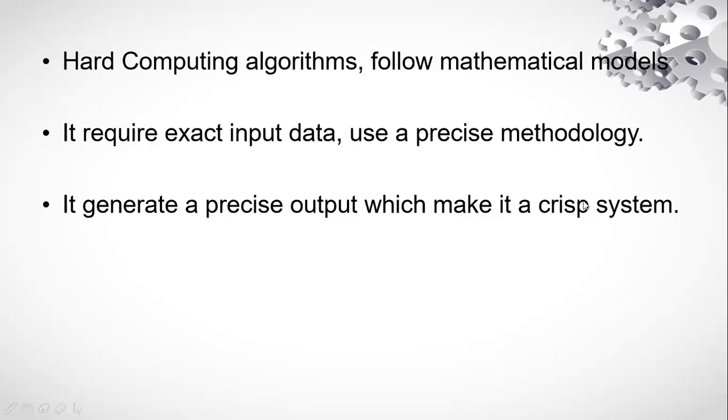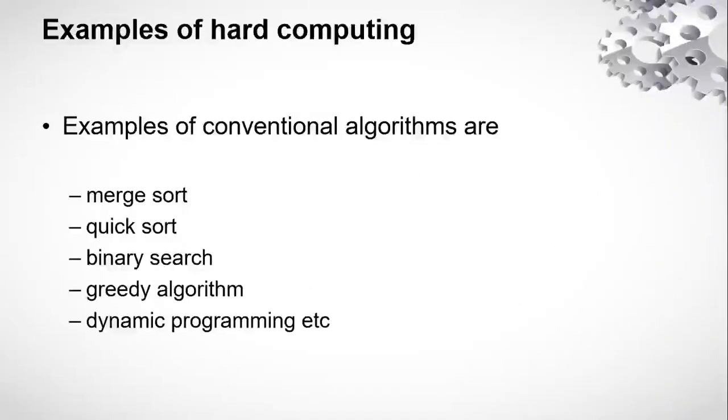Crisp means that I'm getting an exact output, that is, a clear output. Crisp means clear. So when I say in binary it is crisp, that means either 0 or 1. So this is what crisp is. Now, there are certain examples I have taken of conventional algorithms and hard computing. Those are merge sort, quick sort, binary search.